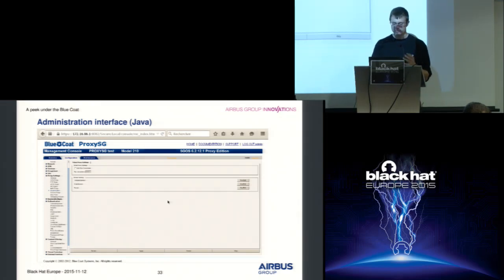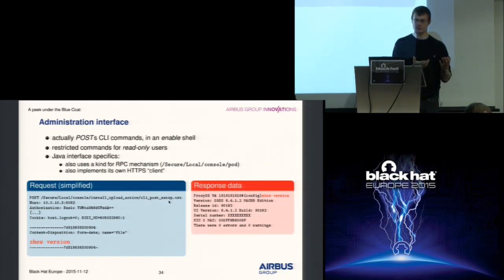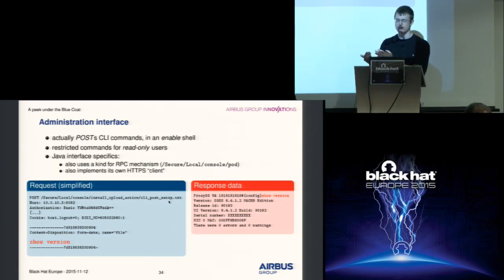But what's really interesting is that both interfaces work by actually posting CLI commands to a URL. So they are just front ends to the CLI. And if you remember, there are two types of accounts. There are read-only accounts and admin accounts. And even for read-only users, they are posting commands to an enable shell. So you're like, read-only, enable, what could possibly go wrong?